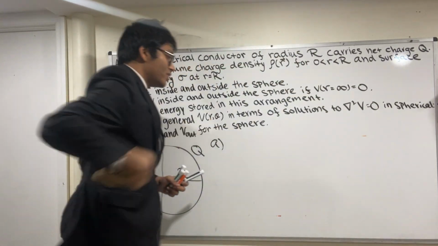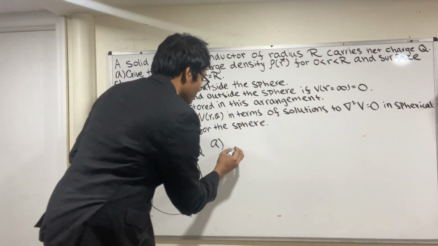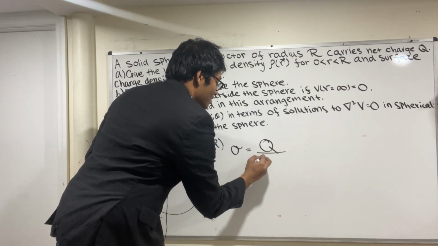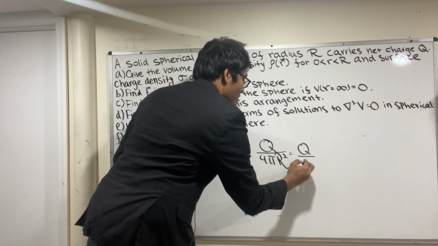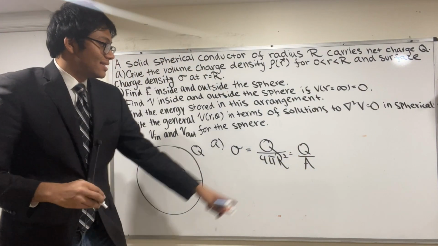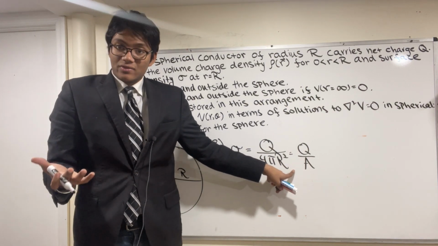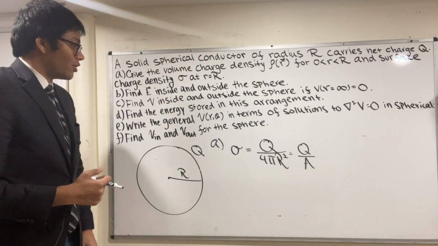We know that the surface charge density sigma is described by what? Well, sigma is no more than the total charge divided by the surface area of our sphere. Because remember, surface charge density is simply how much charge you have on that surface divided by how big that surface is, right? Area. And that's all there is to part A.